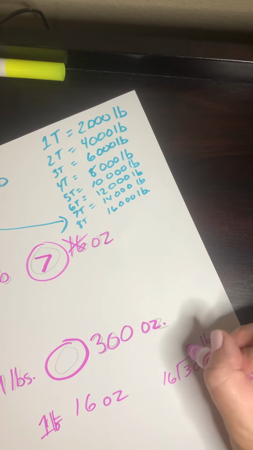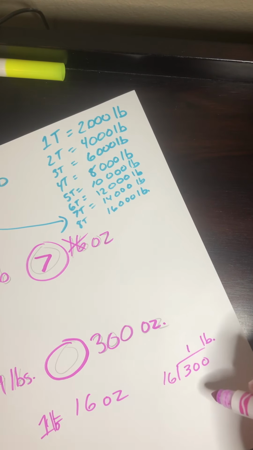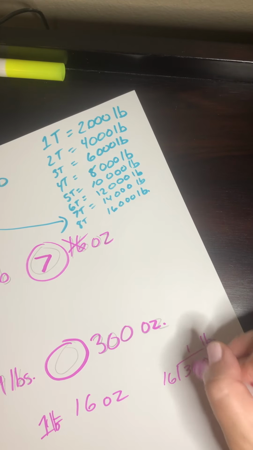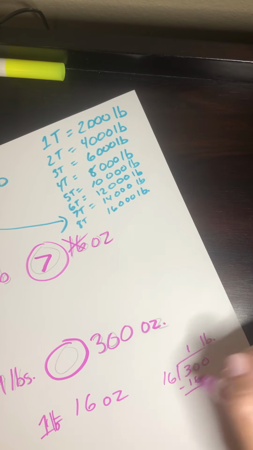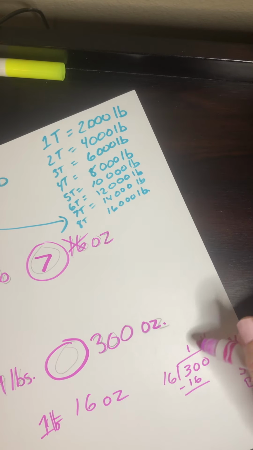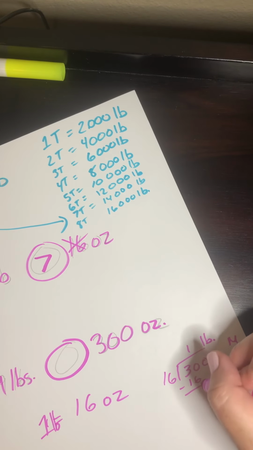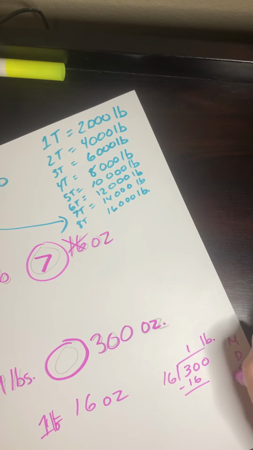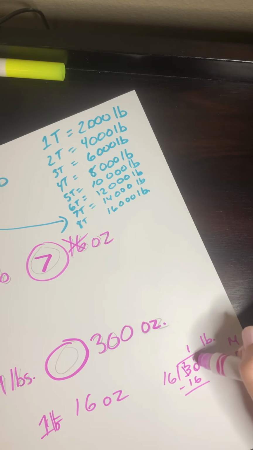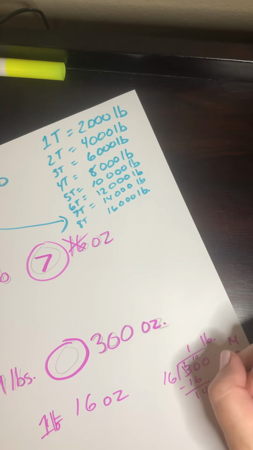So let's see, that would be 1, because I can't do 2, because that would equal 32. So 16 times 1 is 16. So I'm doing our mommy, daddy, sister, brother step, remember that? So 16, and then I'm going to subtract. Bigger bottom, better borrow, and I get 140.